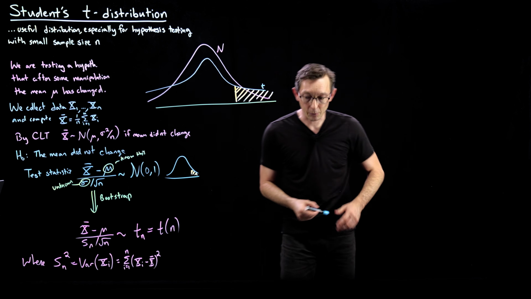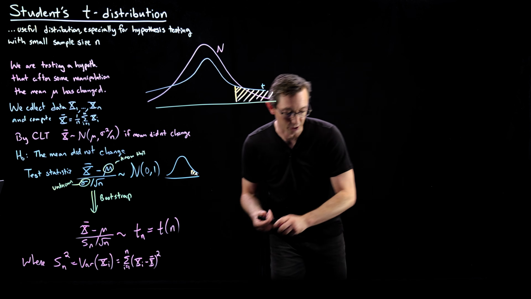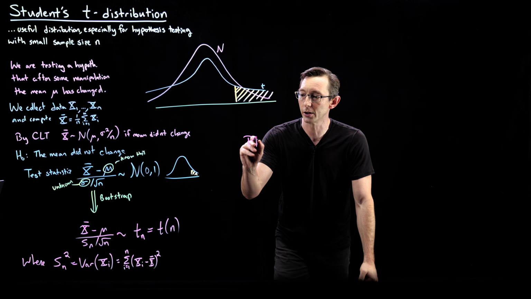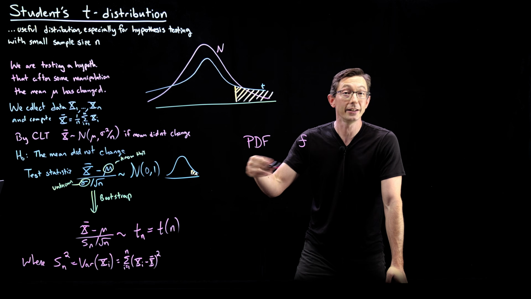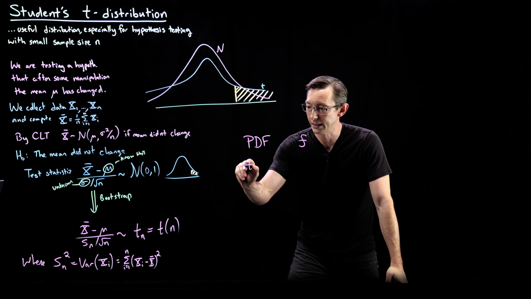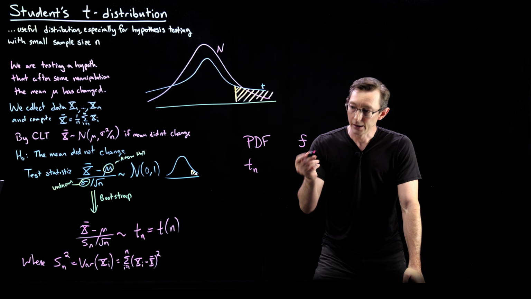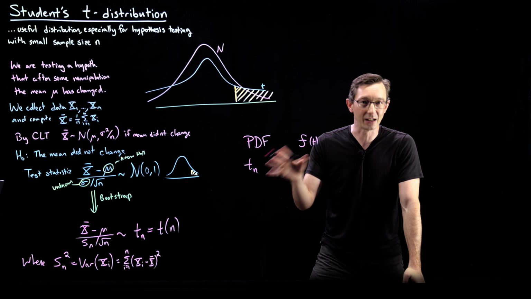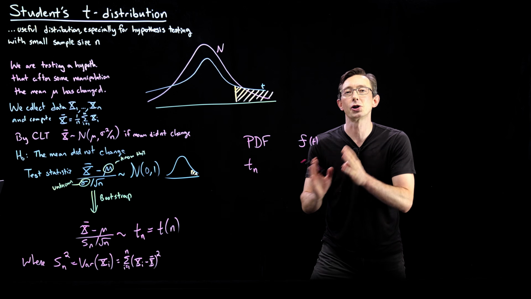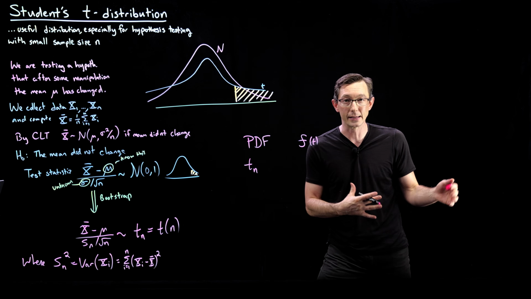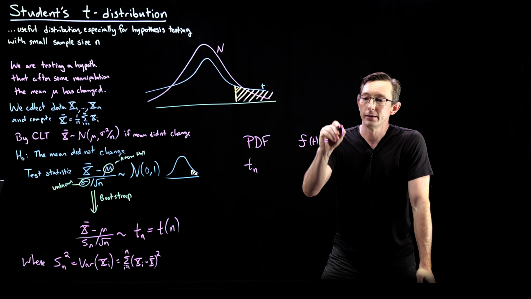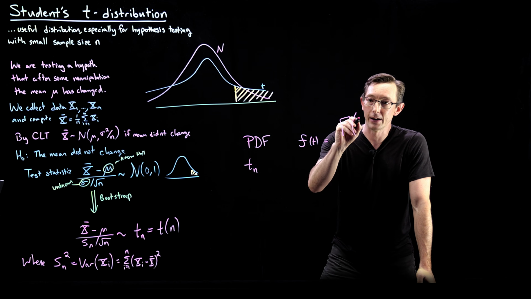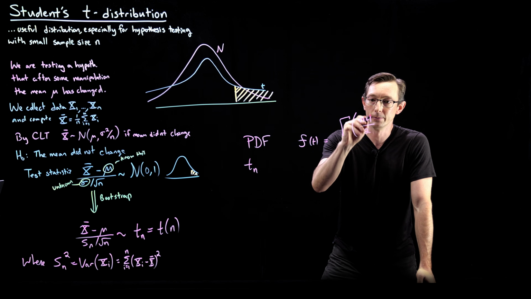Okay, let's actually write down the PDF for the t-distribution. So the probability density function for the t-distribution with n degrees of freedom is the following. I'm going to write this down. It's going to be a mess. We're going to come back and show roughly why this is the way it is. It's equal to this gamma function evaluated at (n plus 1) over 2.